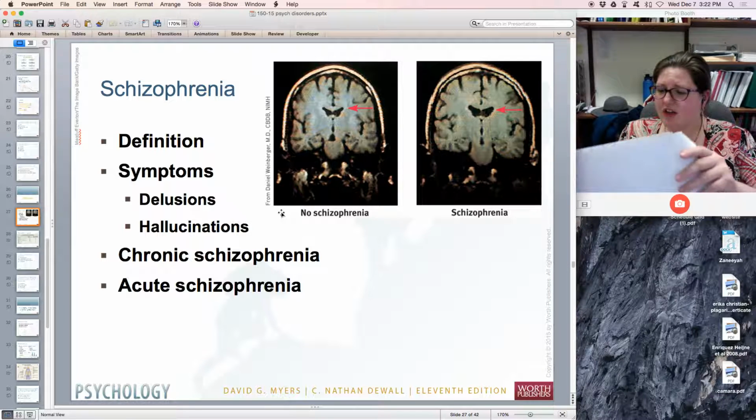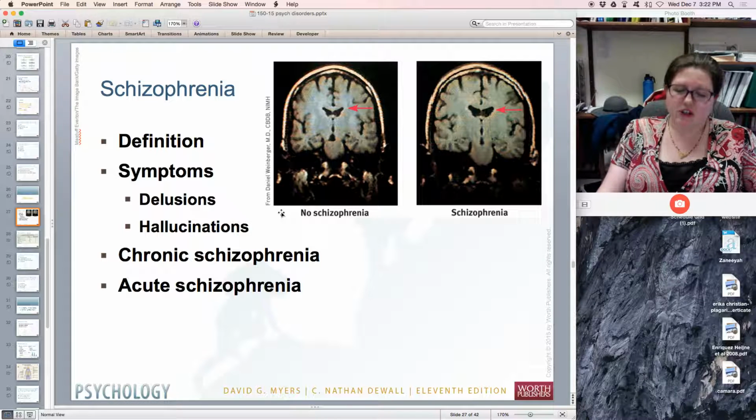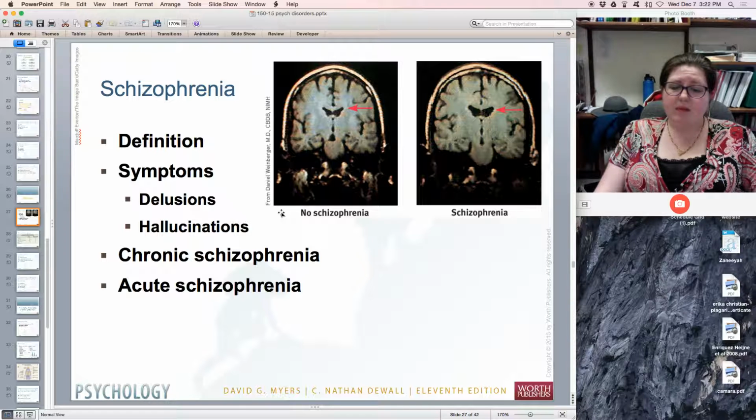So schizophrenia is a psychological disorder characterized by delusions, hallucinations, disorganized speech, and diminished or inappropriate emotional expression. So when we think schizophrenia, we think of hallucinations and delusions. Hallucinations are perceptions, so seeing and hearing things that aren't really there. And it's not being able to tell what's real and what's not.